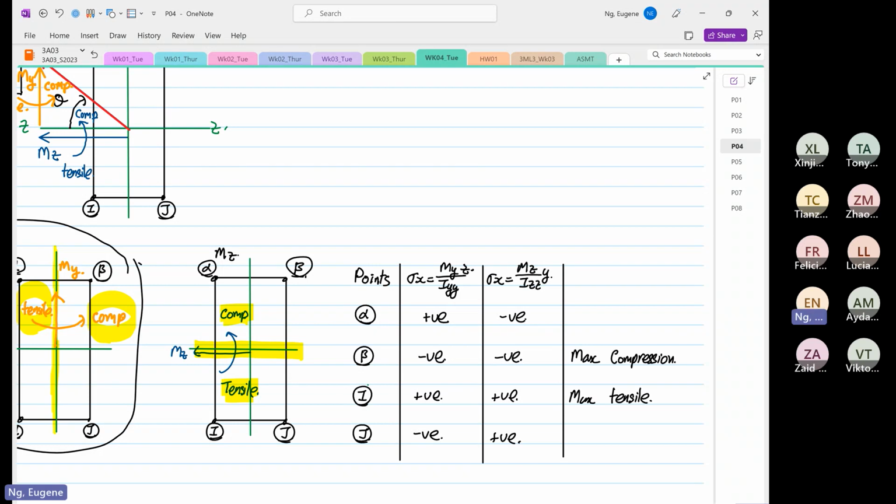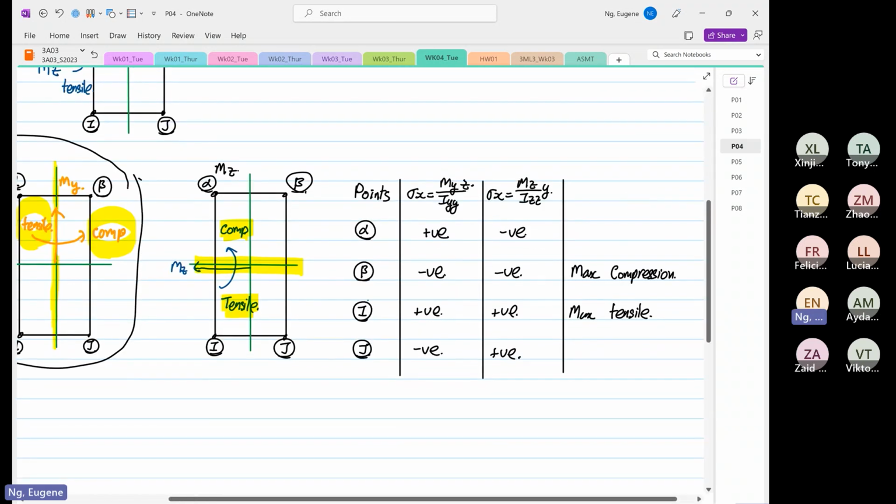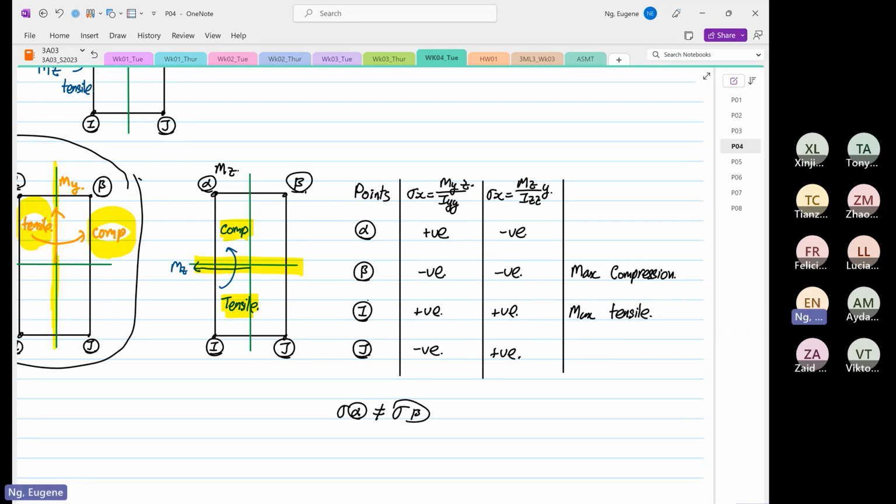Why is this non-symmetric? Because all the time, stress alpha is not equal to stress beta.